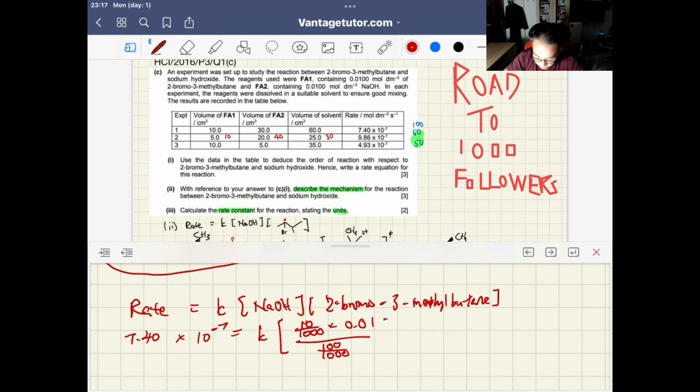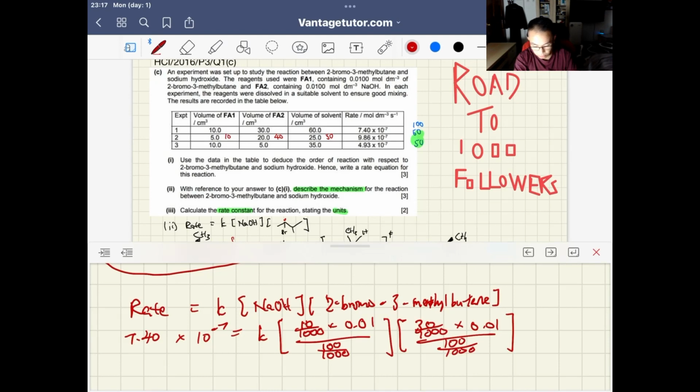Okay, then for my 2-bromo-3-methylbutane, what a mouthful, is basically just taking your 30 divided by 1000 multiplied by 0.01 as well, divided by my total volume, which is 100 over 1000. Okay, so from here I just press my calculator.